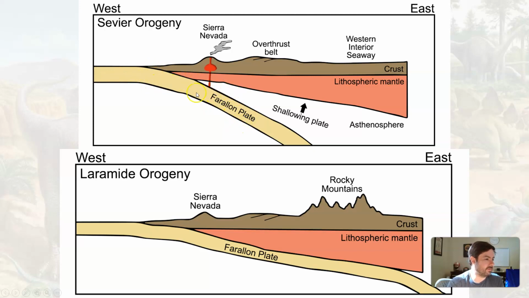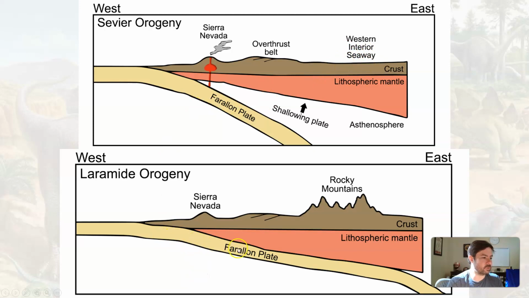And once it gets to around this spot, this is the point where things start to melt, magma bubbles up, you have igneous activity, you have volcanism or plutonic activity, and this is what helped to push up the Sierra Nevadas, which are granite batholiths, as this continues to push on the crust. Again, these things get pushed up, and that's how the Sierra Nevadas were formed during the Sevier Orogeny. We had this overthrust area where, due to this pressure, parts of the crust were cracking and being pushed up. And again, not much over here.